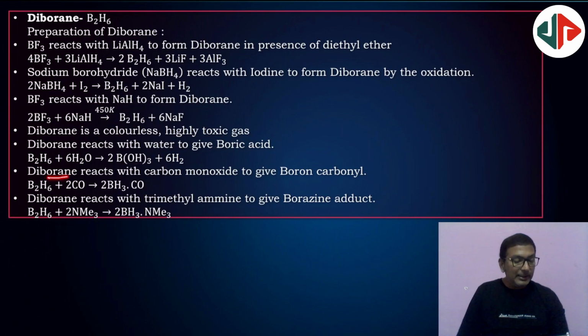Next, diborane reacts with carbon monoxide to form boron carbonyl addition compound. Next, diborane reacts with triethylamine to give an adduct. Adduct means here addition compound. So the diborane structure will be like this. B2H6.